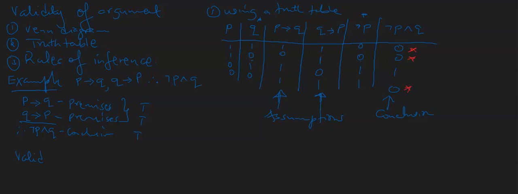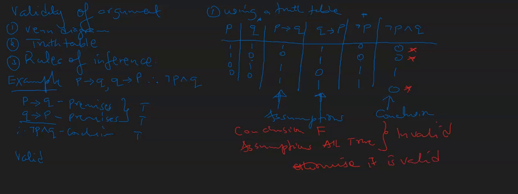So if you find a situation where the conclusion is false and the premises or the assumptions are both true, then the argument is invalid. Otherwise, it is valid.